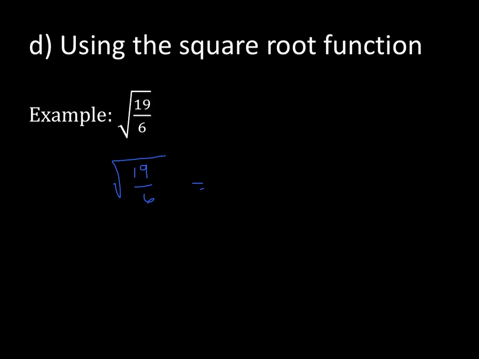That gives me 1.799513042. I know this is an approximation because, again, I have a non-terminating decimal. So those are 4 different strategies for finding or estimating the square roots of non-perfect squares.